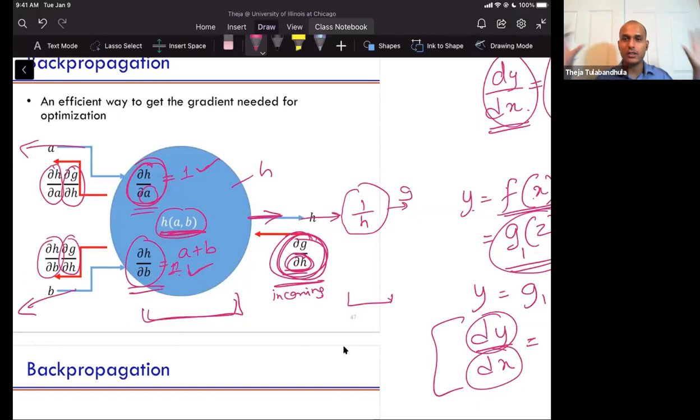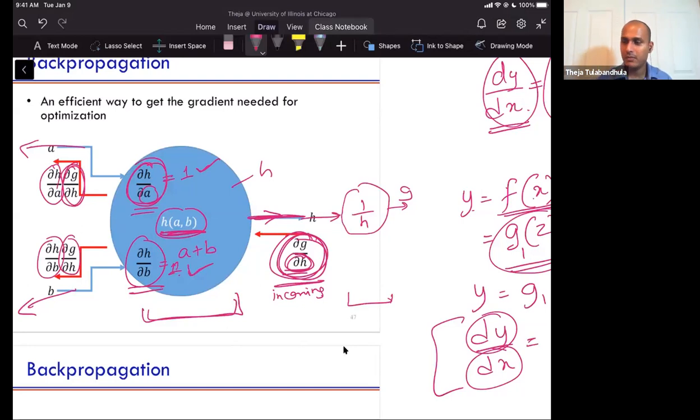So instead of looking at the whole graph, if you just zoom in onto a node, it just has to get some gradient from its output edge. Let's say it's a two input, one output function. It's getting something from its output edge, multiplying that number. Remember, for simplicity, you can think of all these gradients as just one number, not a vector, but a single scalar.